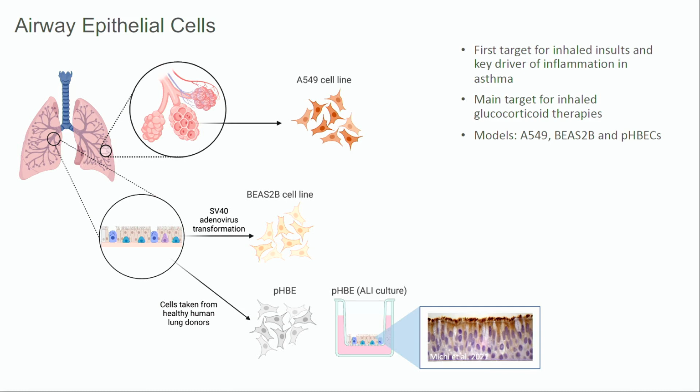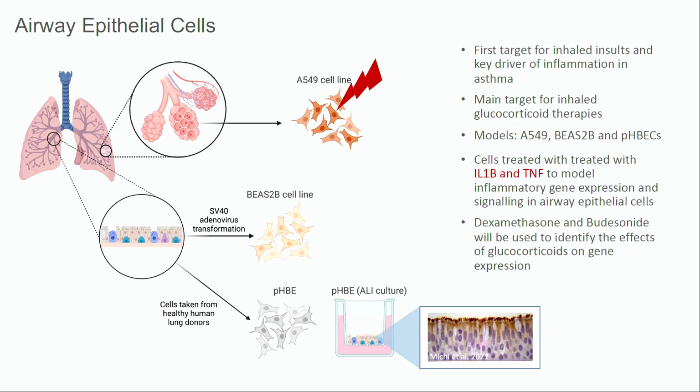So as Dr. Swindle was showing as well, that's when just the basolateral surface of the cells is exposed to media, so it allows them to differentiate into a lot of different cell types, more closely mirroring a physiological epithelium.